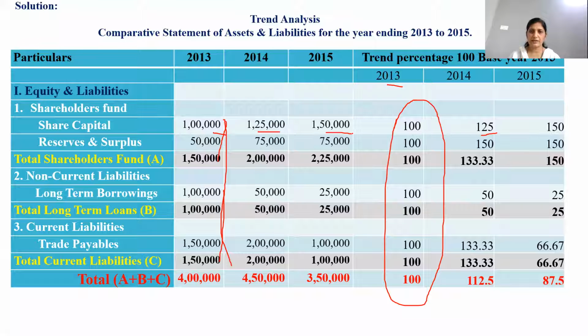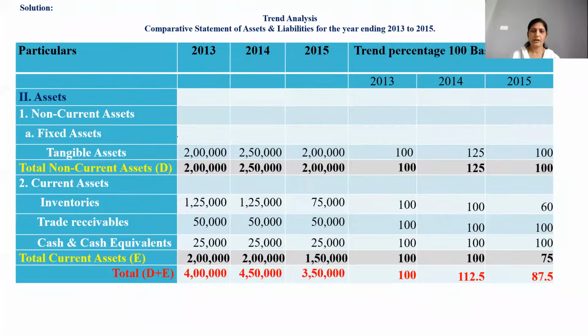Similarly, 1,50,000 divided by 1 lakh into 100, you get 150. This is the calculation I have shown, but the method will be the same. This formula will remain the same for the calculations; only the values will change.